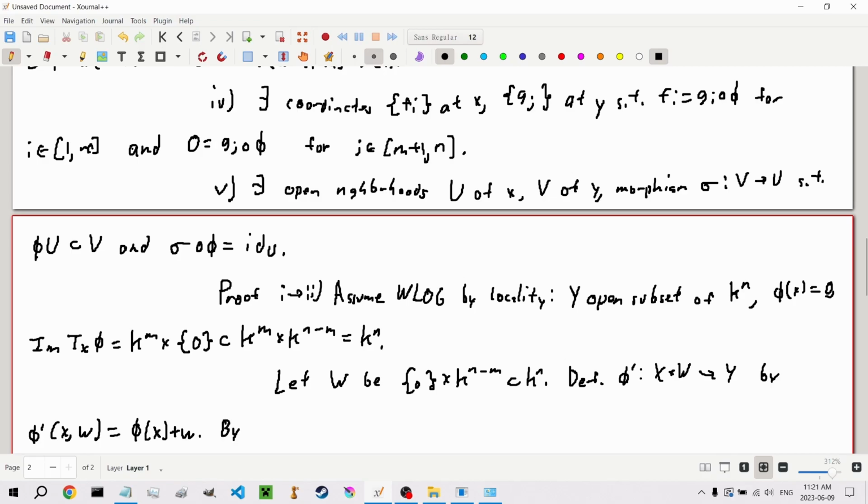Then by the inverse function theorem, phi prime is a local isomorphism at x.